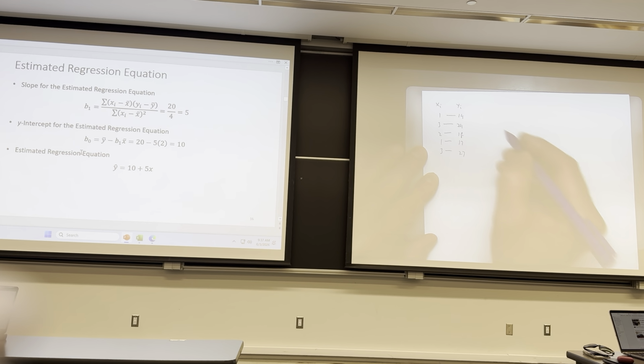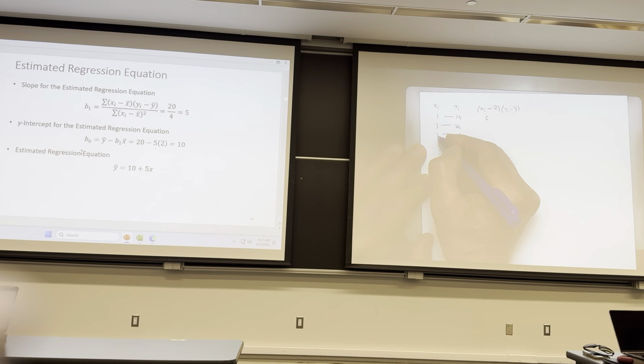Then I have xi minus x bar and yi minus y bar. The X values sum to 10, so x bar is 2 and y bar is 20.